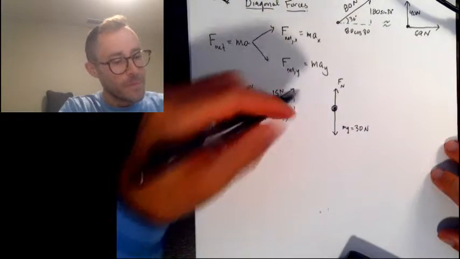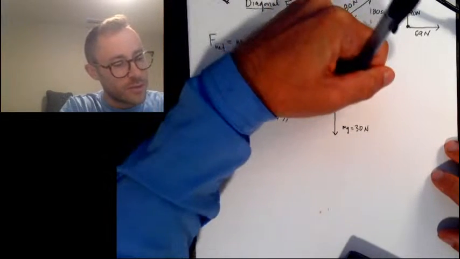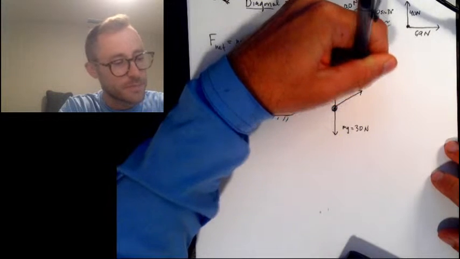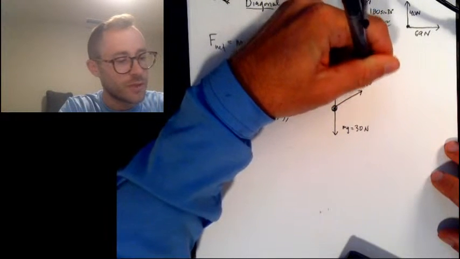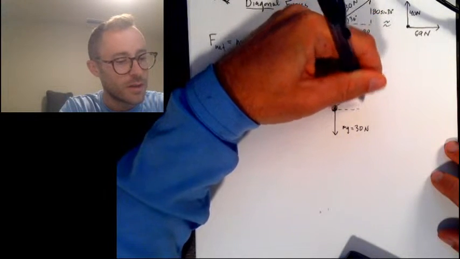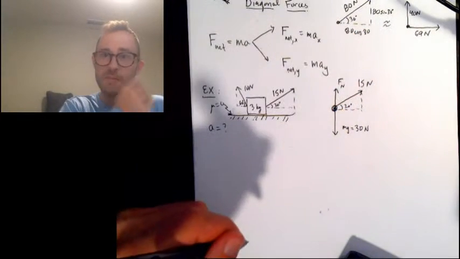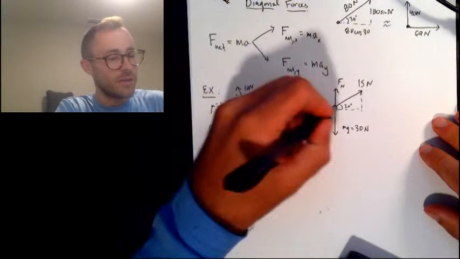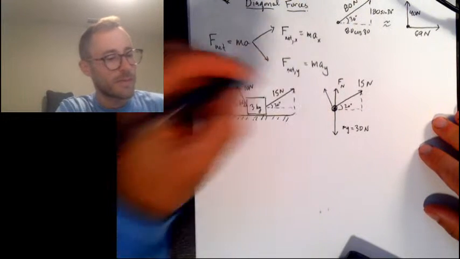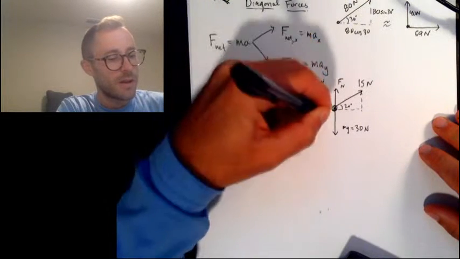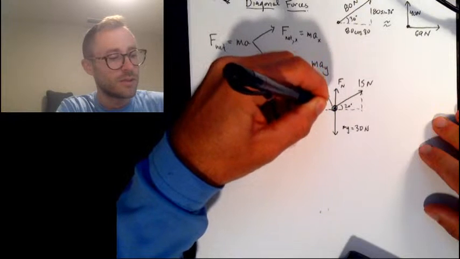We're going to have this diagonal force, 15 newtons at an angle of 20 degrees. And then the 10 Newton force at an angle of 60 degrees.